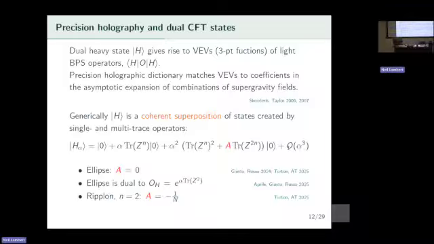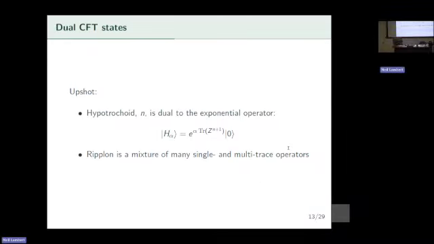So the Riplon is indeed a mixture of both double trace and single trace. The takeaway message from this precision holography is that the geometry due to the hypertrochoid is given by the exponential operator of the single trace primary.